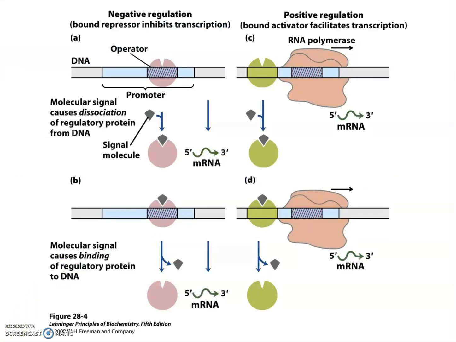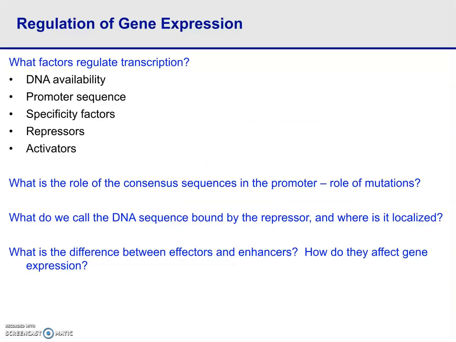Aloha. This is the second portion, the second part of the gene regulation lecture. Last time we ended with these questions, defining what repressors, operators, activators, enhancers, and effector molecules are.